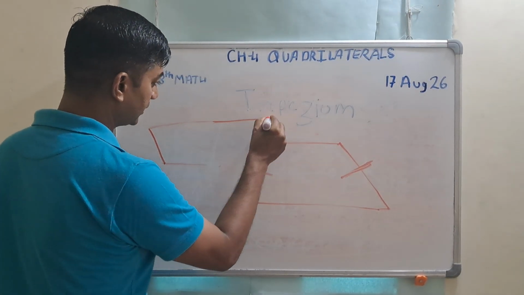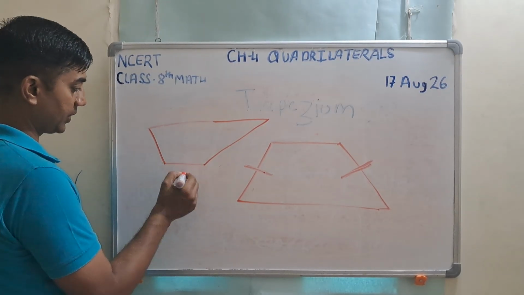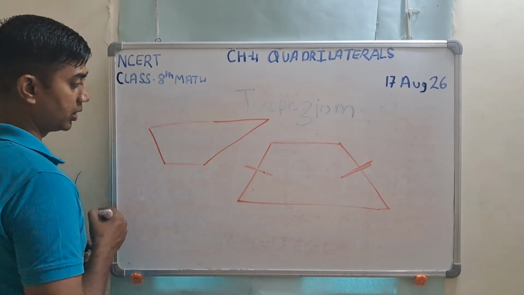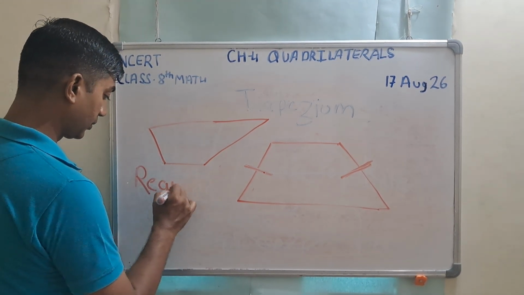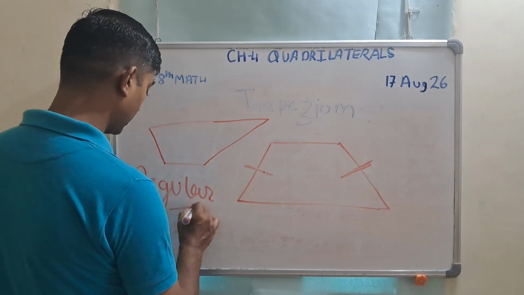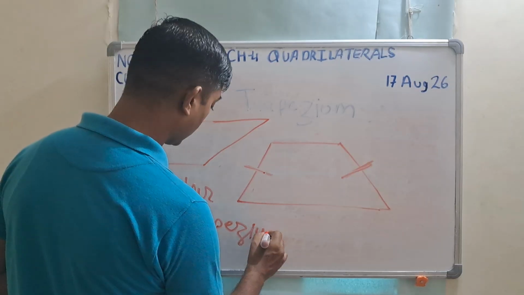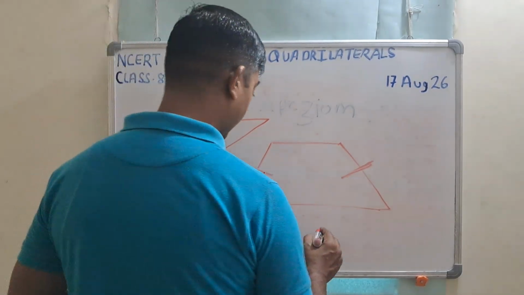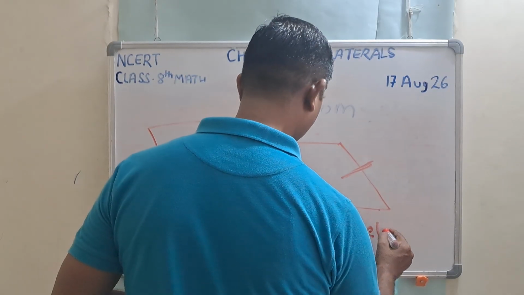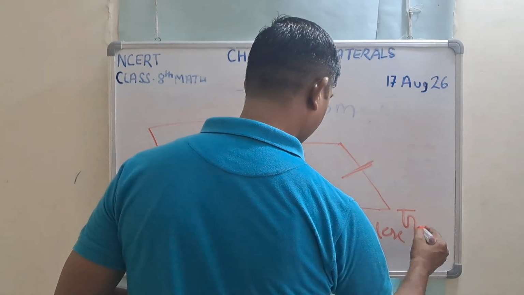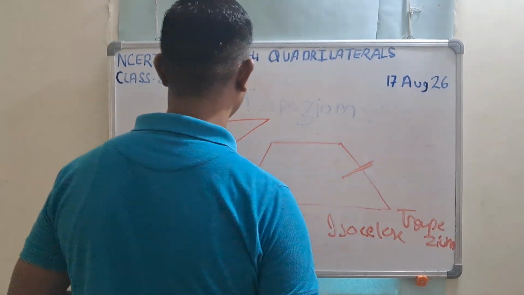If we extend it like this and join it like this, then these two lines are parallel, but these two are not equal, so this is a regular trapezium. And this is an isosceles trapezium.